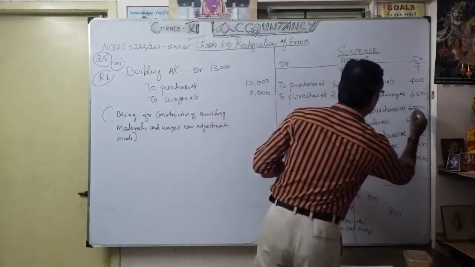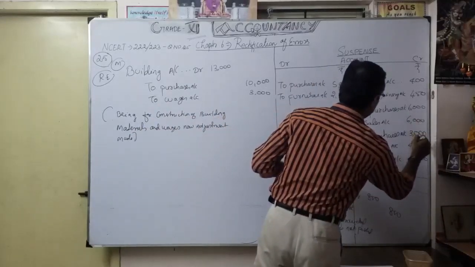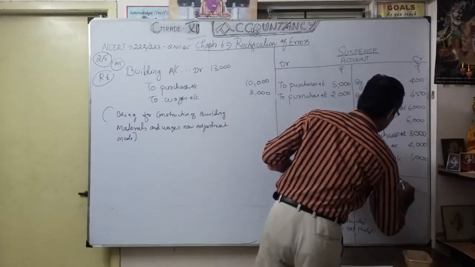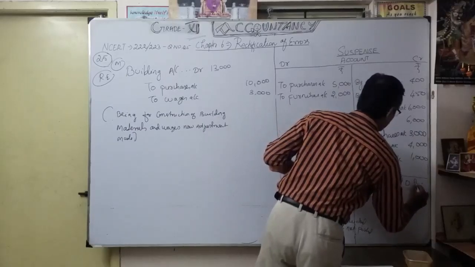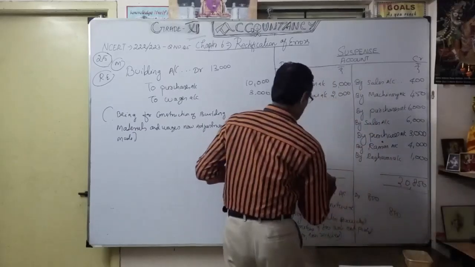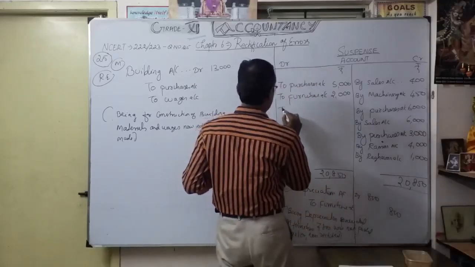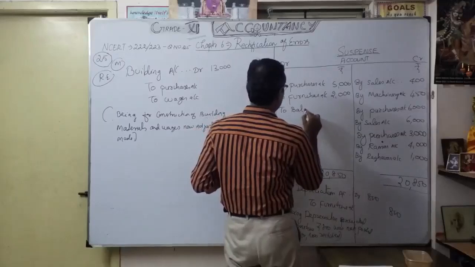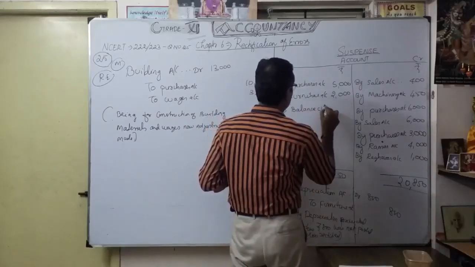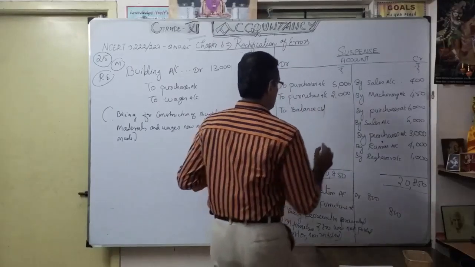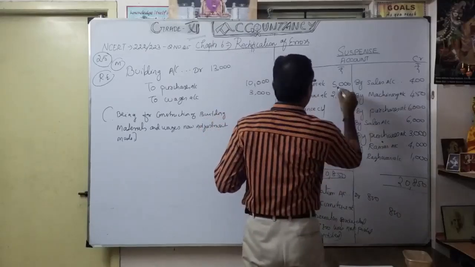So we need a total of 20,000 850. The difference to balance carried on, how much? 850, 5 plus 2, 7.